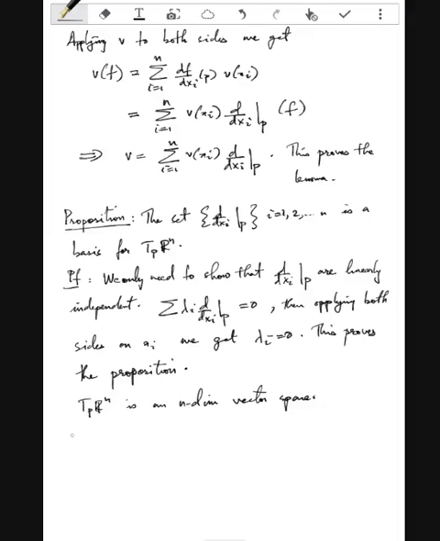So now we will generalize this discussion to manifolds, and so let X be a manifold.